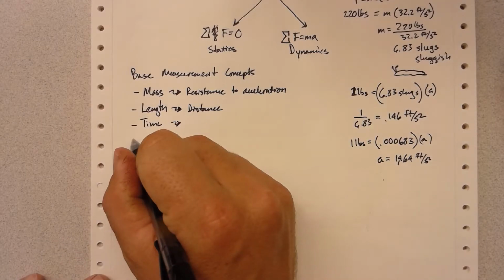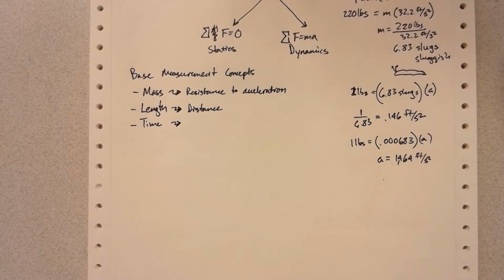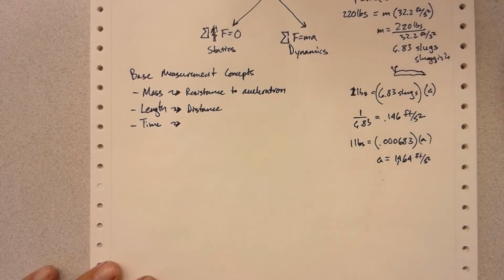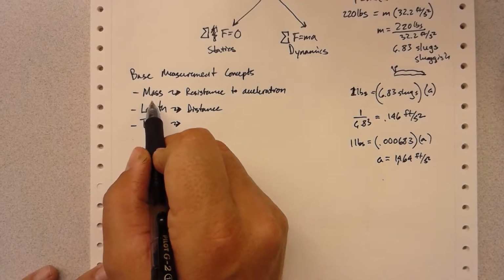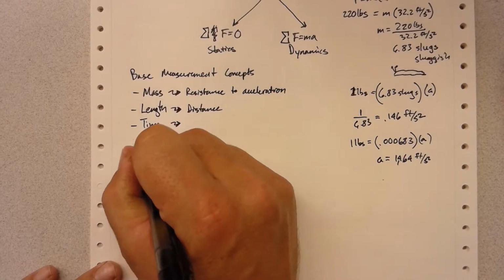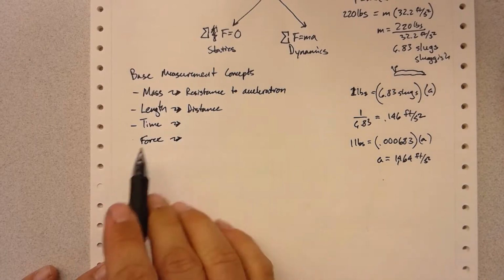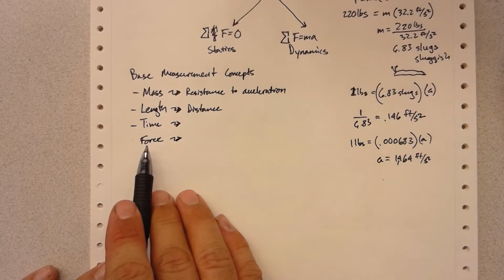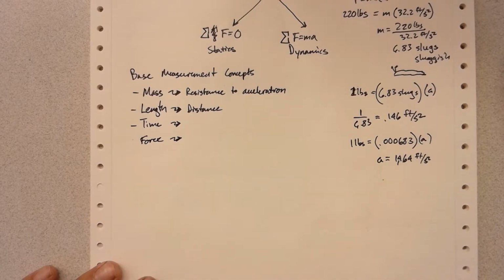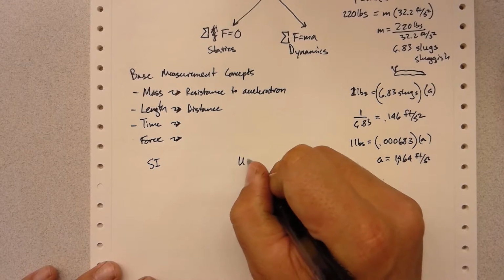Now, the reason that there's some conflict between the SI system and the US customary system is because rather than having mass be a base unit in the US system, we have force as a base unit. In the SI system, force is derived. So now let's look at units.